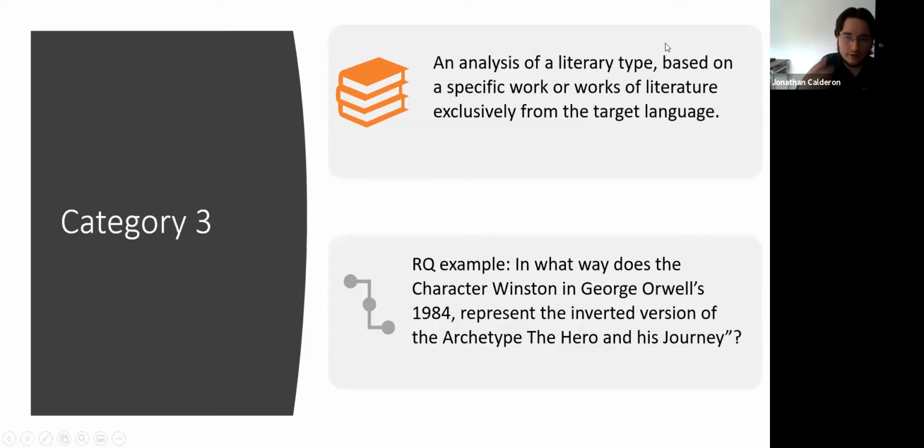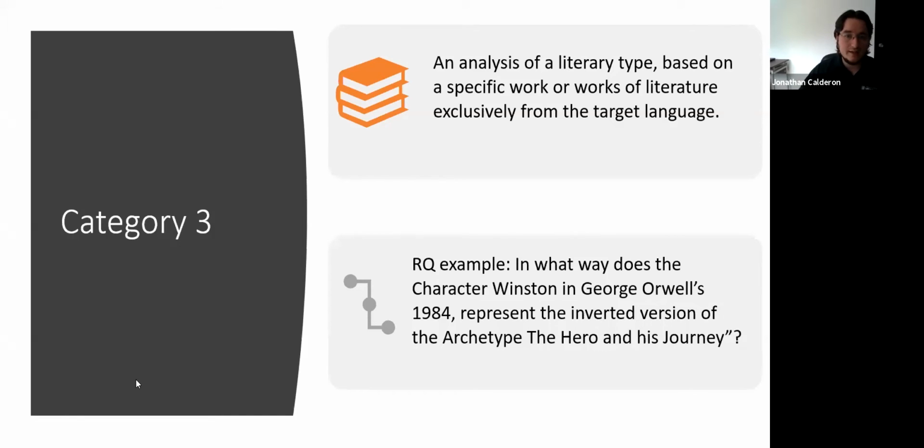Now, for category 3, which is my favorite, as I stated before, it's an analysis of a literary type based on a specific work or works of literature, exclusively from the target language, okay? So in this case, what we're going to analyze is, yes, a novel, a poem, any type of literary device that you want, but what we're going to analyze is based on literary theory, okay?